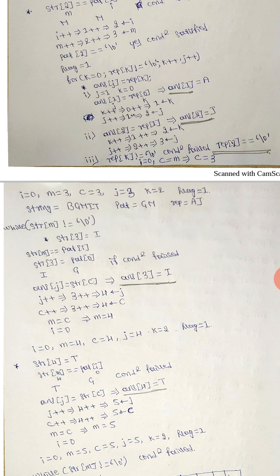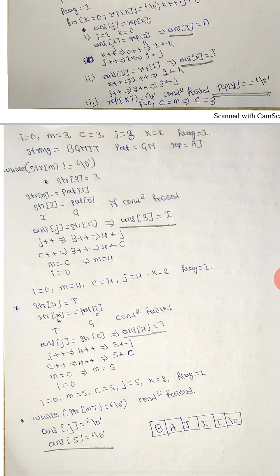Similarly, when we read the next character from the string, we will get T, and when I read the first character from the pattern, it is G. Again both characters are not the same, hence the if condition failed here. Whenever the condition fails, we simply copy the character extracted from the main string to the answer string.